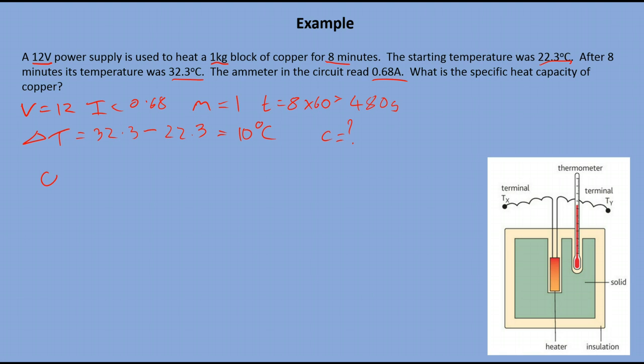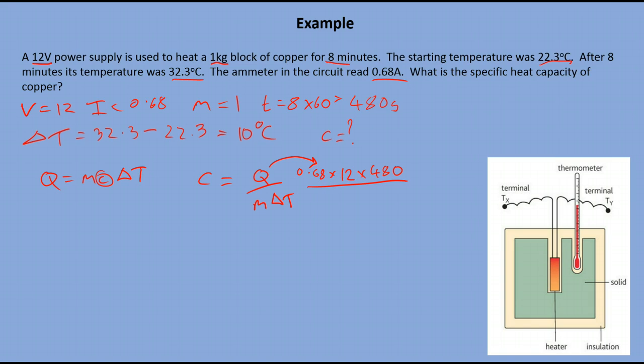Well, we know that Q is mc delta T. So if I want to get just C on its own, C is equal to Q over m delta T. My Q in this case is my IVT, which is equal to 0.68 times 12 times 480 seconds.